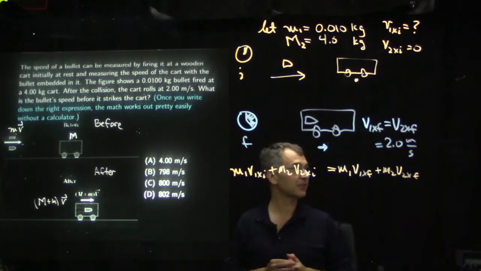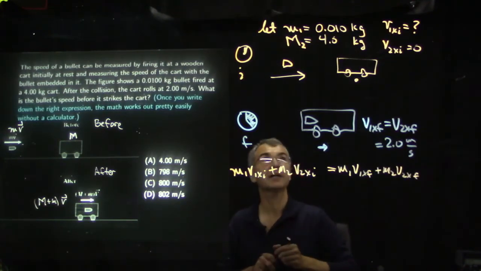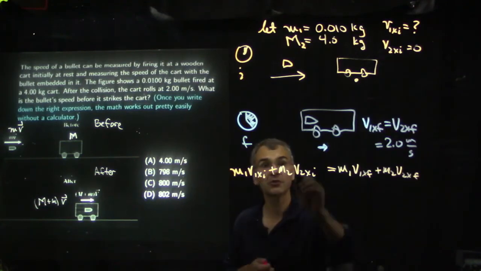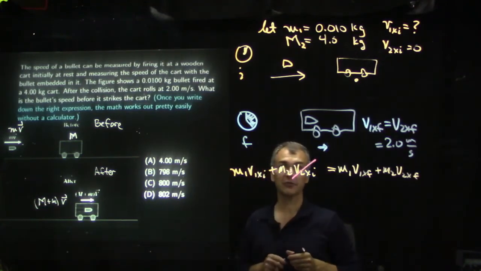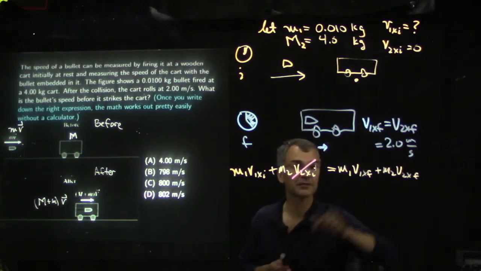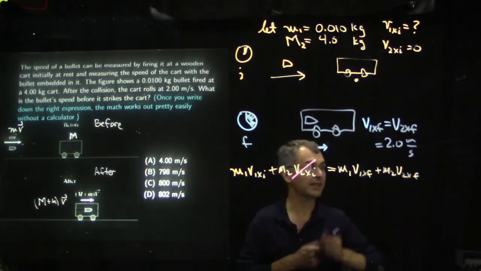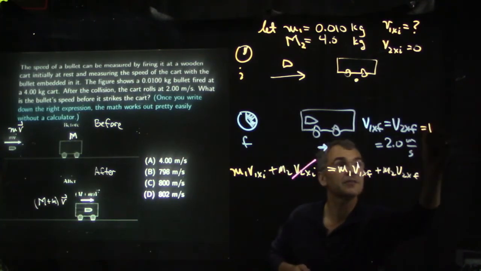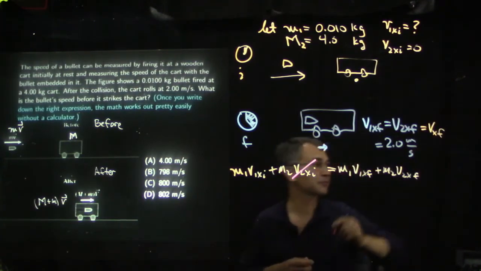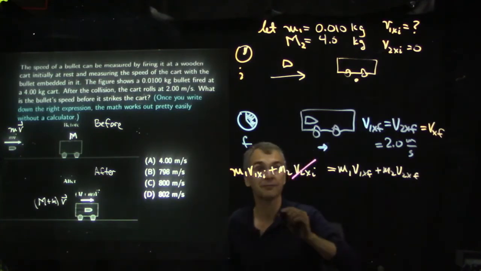Now, in this case, the equation simplifies right away because object 2 initially is not moving, so we can get rid of that one term. And then also, the final speed is the same. So actually, we'll just call that vxf. Okay, so there's only one final velocity. It's the same final velocity for both of them.